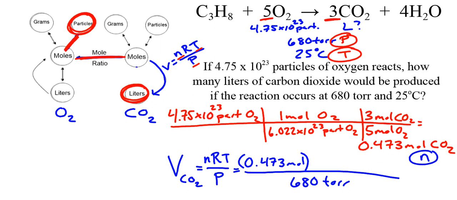So again, you could change that into ATMs so your R value works better, or you could memorize your R value. So if you were using torr, your R value would be 62.4 with 680 torr. And then finally, I have a temperature, 25 degrees is 298 Kelvin.